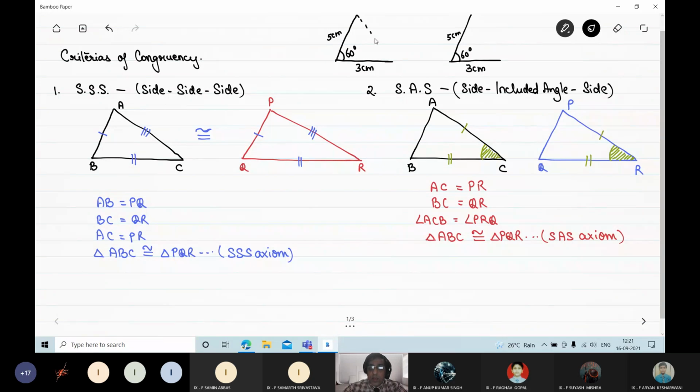So when you join the third side like this, that will also be equal, and therefore the two triangles are congruent by side included angle and side axiom. Is it clear to you now? Yes, sir.